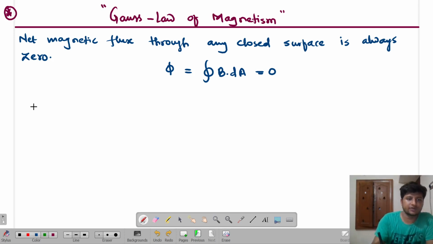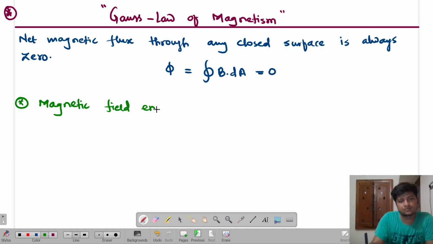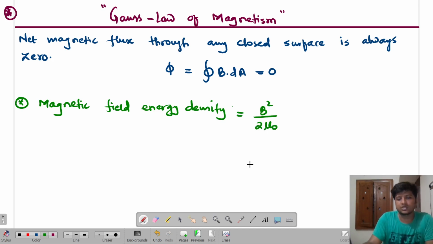So due to this, I can define our magnetic field energy density. Simply, magnetic field energy density will be given as, just like earlier it was E square by epsilon naught, here it is B square by twice mu naught. Is that clear?